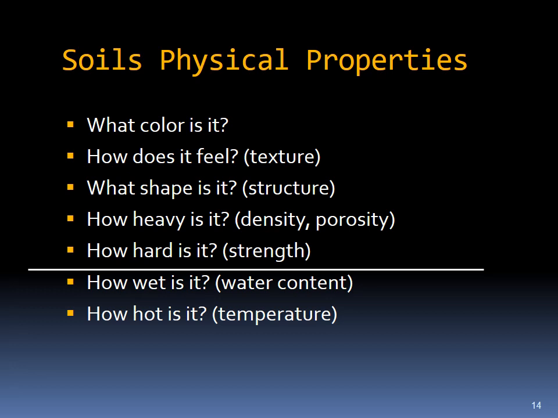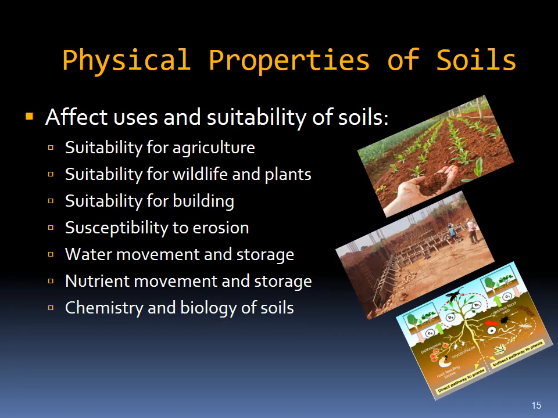Therefore, they consist of the color, for example, or the texture, which describes how it feels, or the structure, which is the shape of the soil, how heavy or how dense the soil is, which describes the density and porosity, how hard the soil is, which describes the strength, how wet the soil is, which describes the water content, or how hot the soil is, which describes the temperature. These physical properties of the soil are fundamental and very important for sustainability.